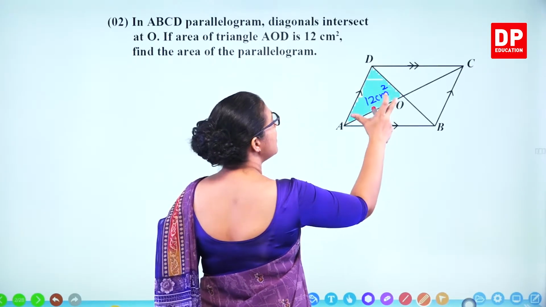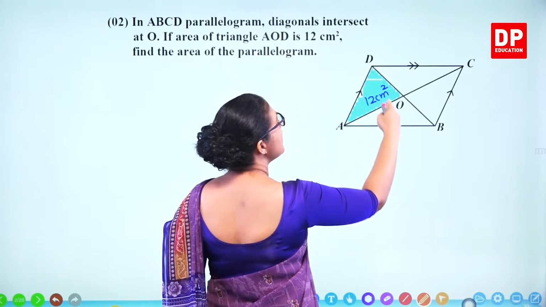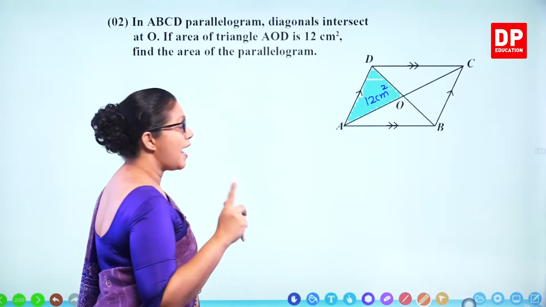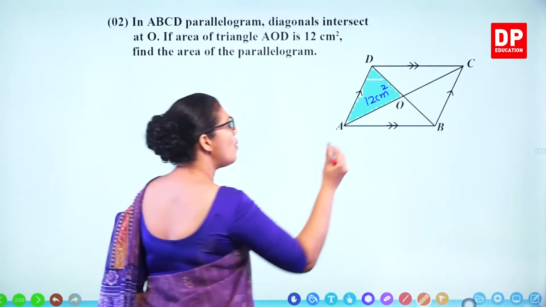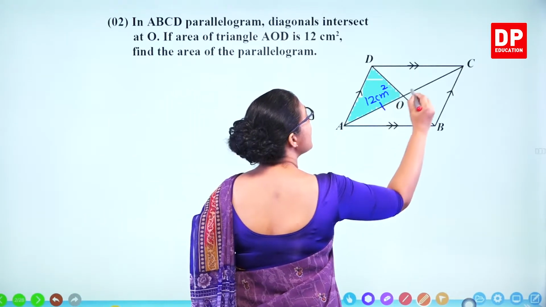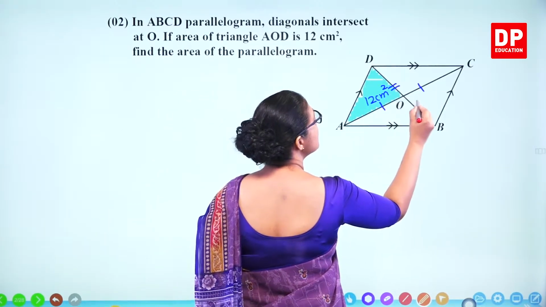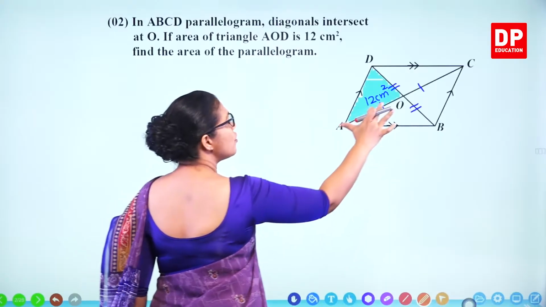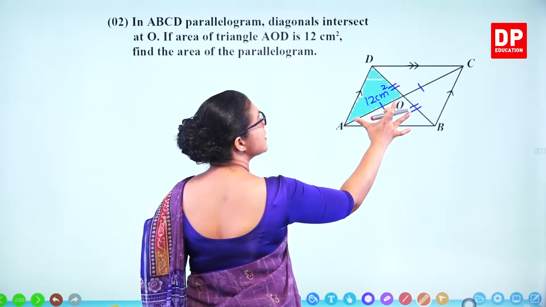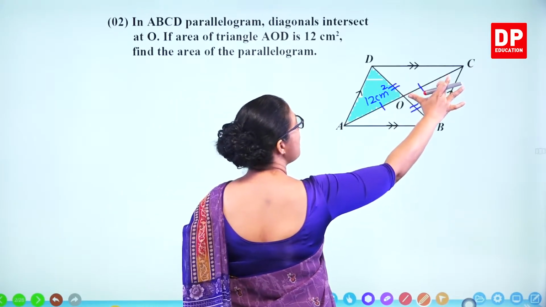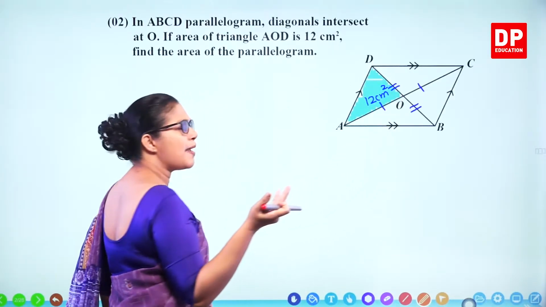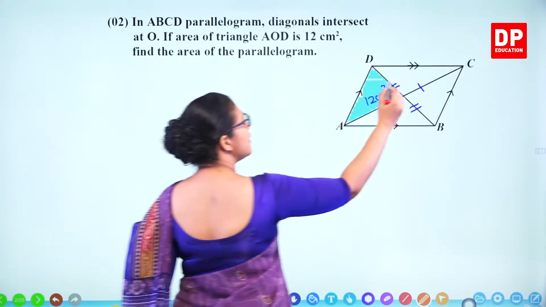Area is the base into perpendicular height. In a parallelogram, we know the diagonals bisect each other. So if you take this base, here also the same base and the perpendicular height is the same. So the area becomes 12.